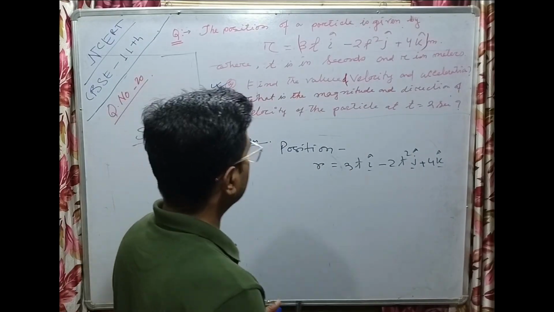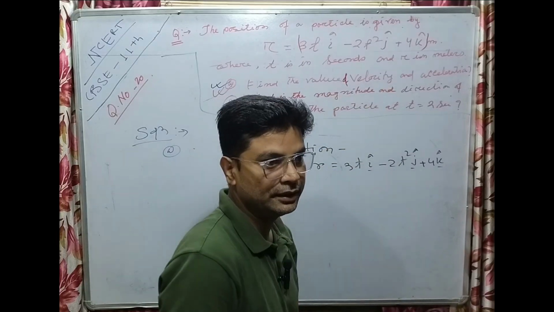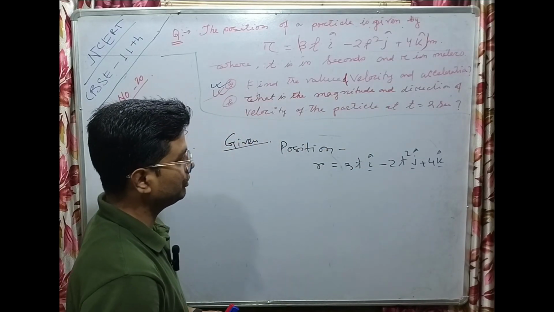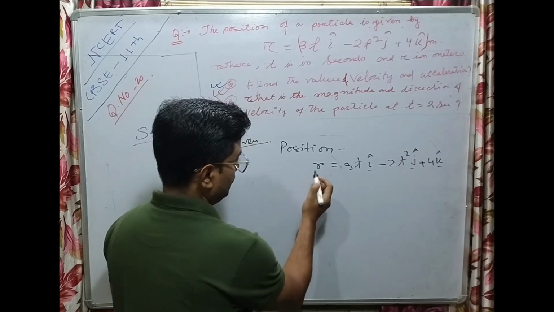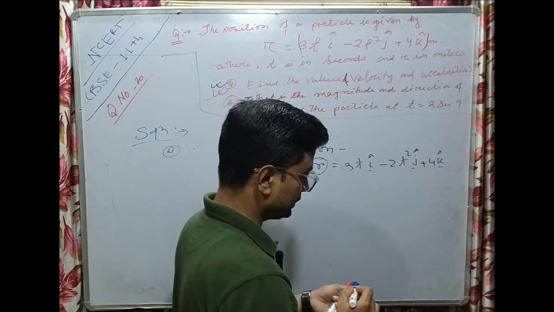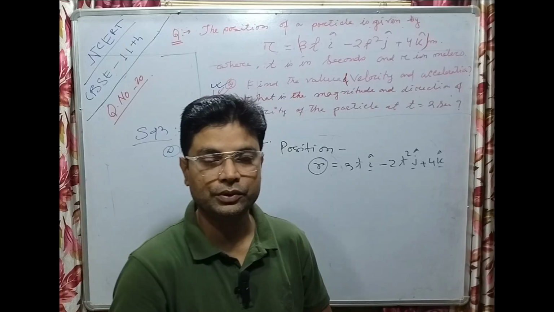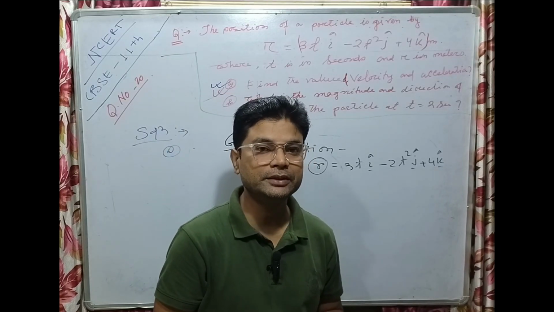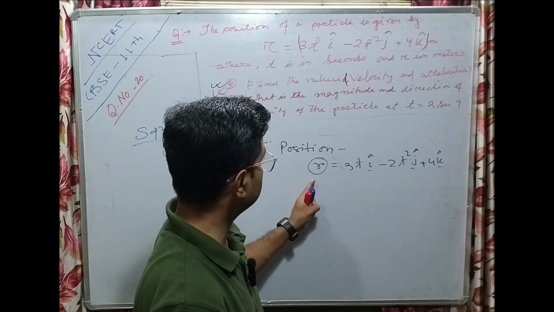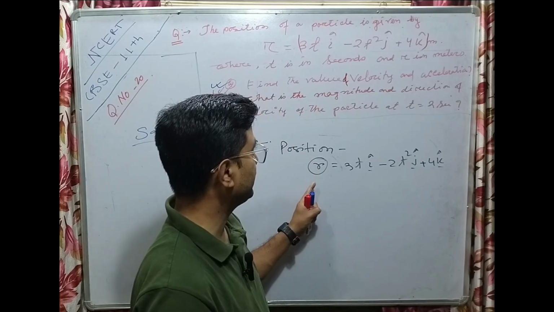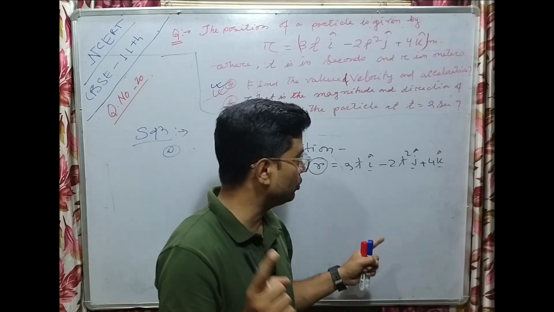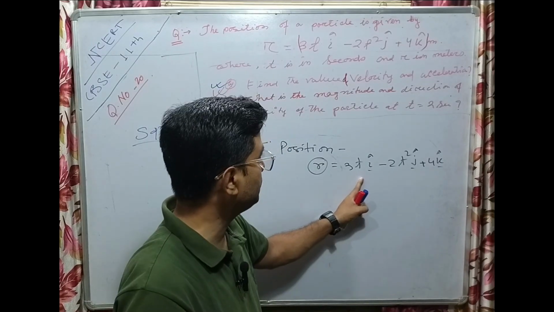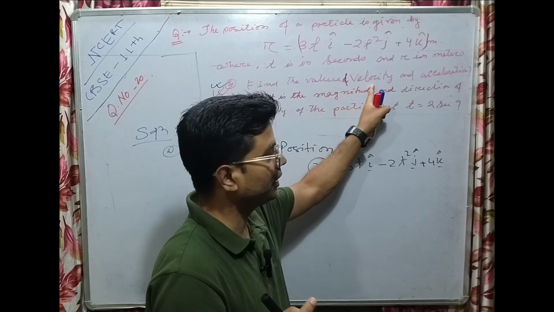Now the first question is velocity. I need to calculate the velocity. To calculate the velocity, what will I do? Velocity is the rate of change of displacement. It means I have to differentiate the position with respect to time, so that I can obtain the velocity.